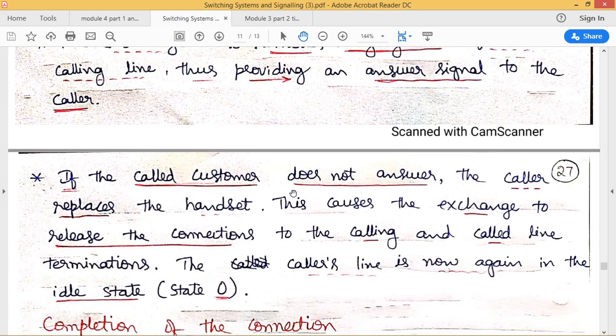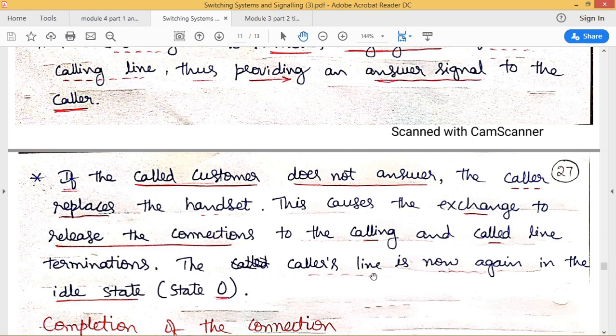If the called customer does not answer, suppose the called person has not answered the telephone call even though it is receiving the ringing tone, the called person has not lifted his handset. In such a case, the caller replaces the handset. The caller who is making the call replaces the handset, and this causes the exchange to release the connection to the calling and called line.